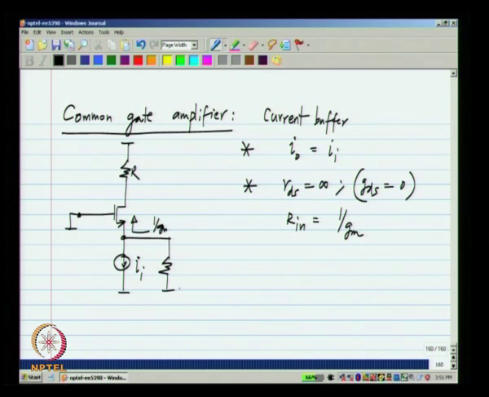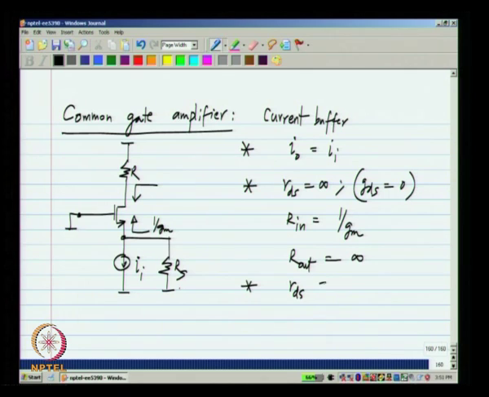This is 1 by Gm, and the impedance looking from the drain, that is the output resistance, is infinity. Okay, because you have only a current source here, and if you do not have any source on this side, you will see an open circuit. That is regardless of the value of the resistance of the input source Rs.